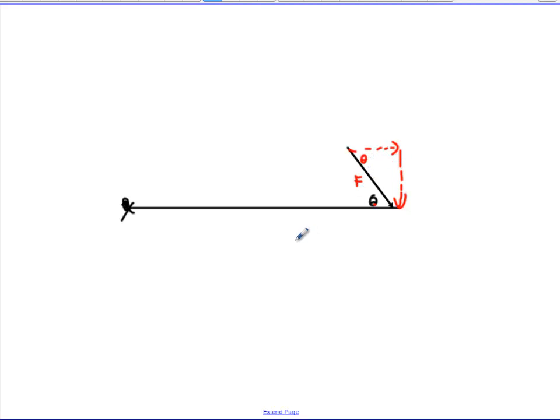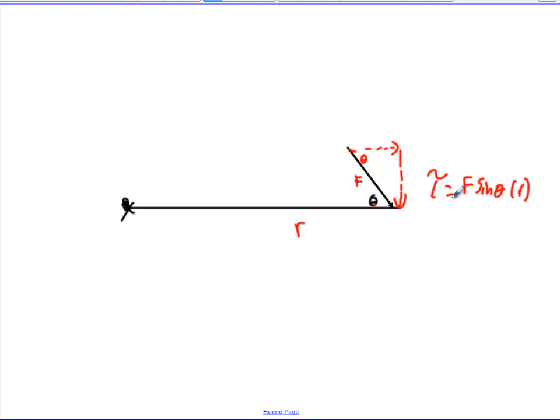This is the force F, this is the lever arm R. Then I could say that the torque is caused by the perpendicular component of force, which would be F times the sine of theta times R. But this means I had to redraw my triangle like this.